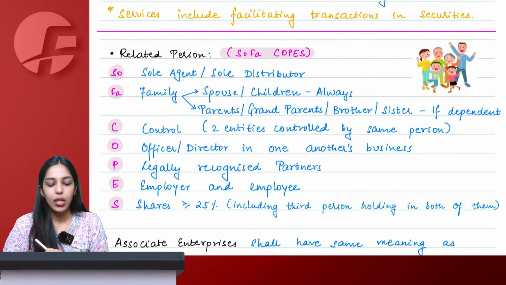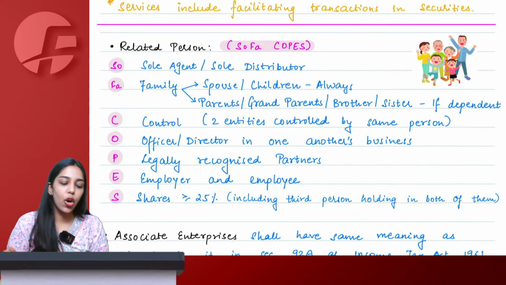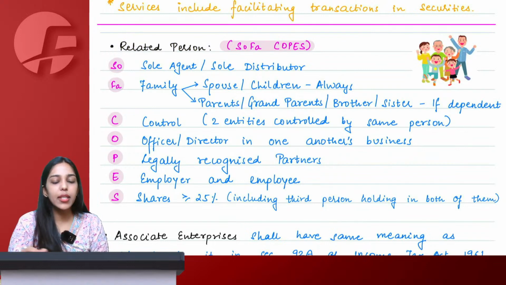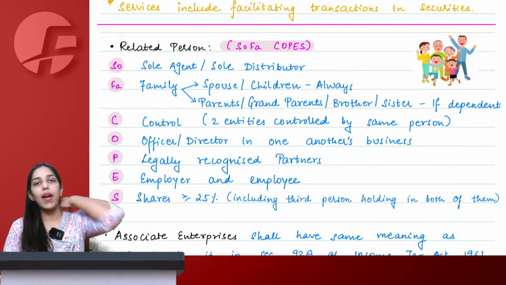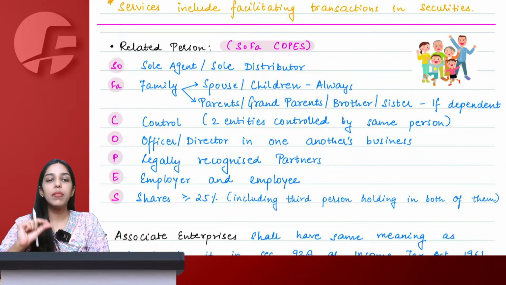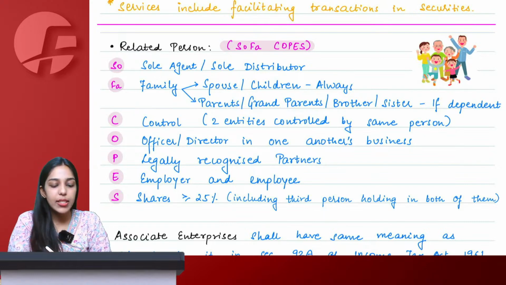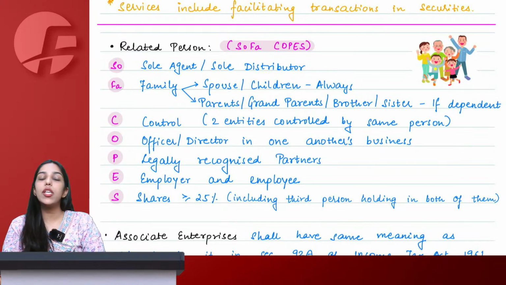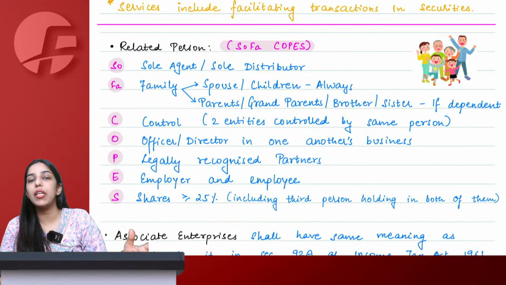Yes, ma'am. Now let's understand the meaning of related person. Why do we need to understand this now, ma'am? Because in value of supply, in supply chapter, at various places, some kind of different treatment is done with these related persons. See, understand this is tax. So obviously you will always be wanting to escape, evade taxes.